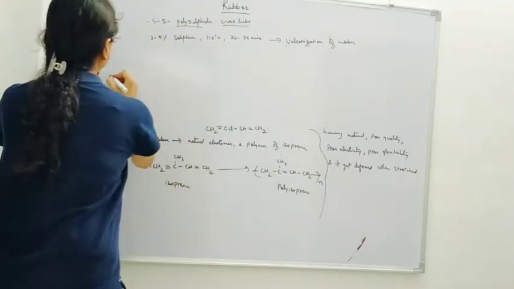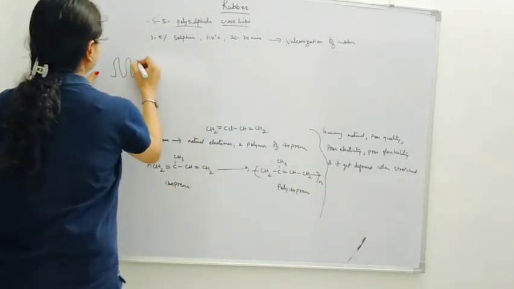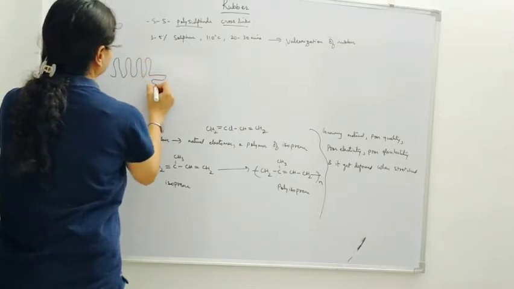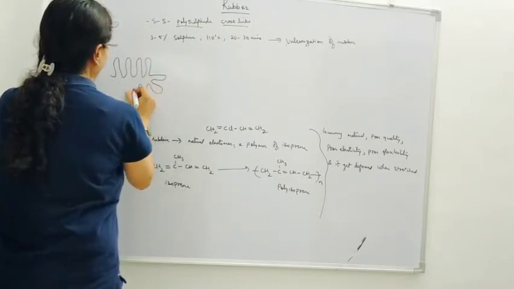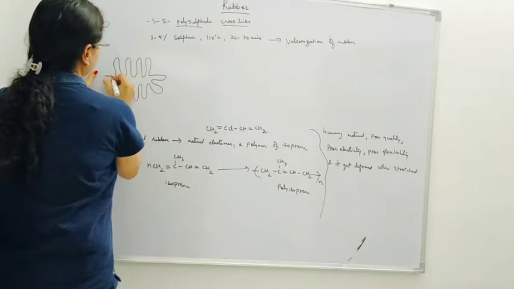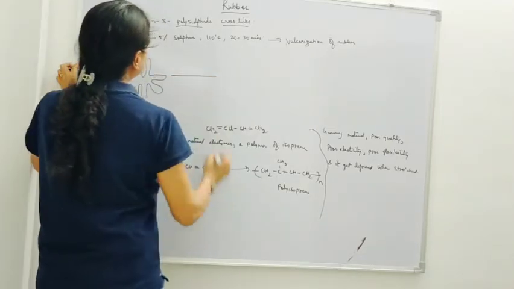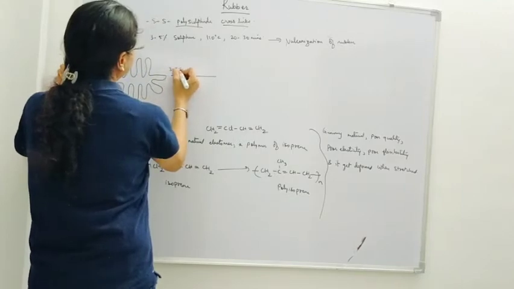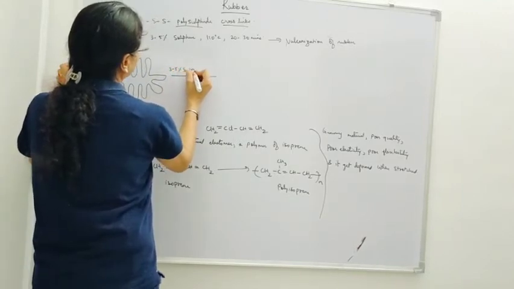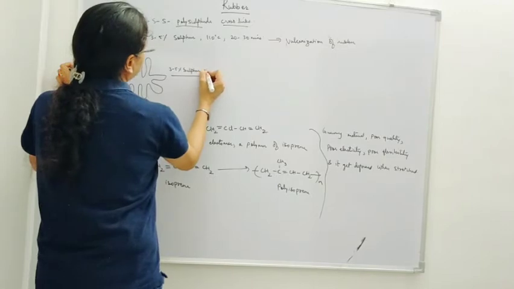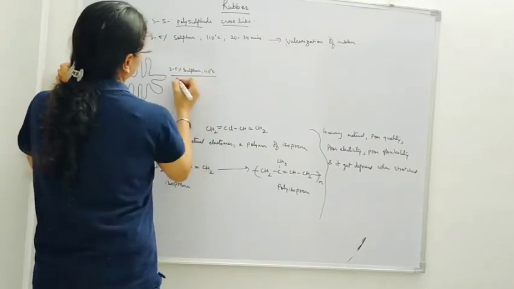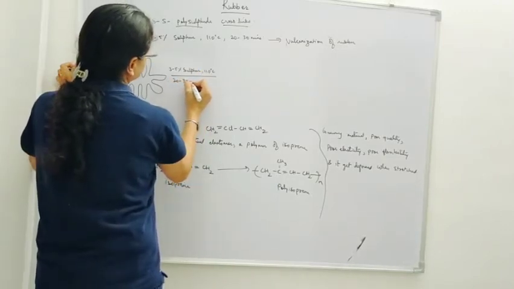Suppose this is our rubber which is of poor quality. So what we do? We are heating it with 3 to 5% sulfur at 110 degrees Celsius for 20 to 30 minutes.